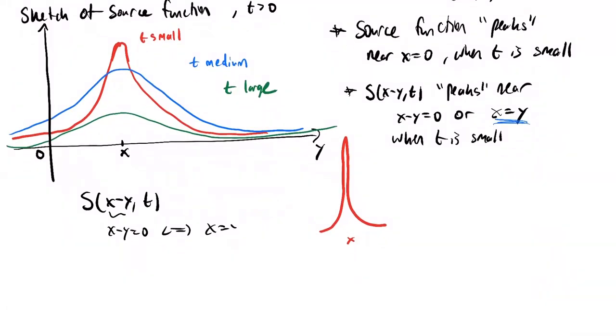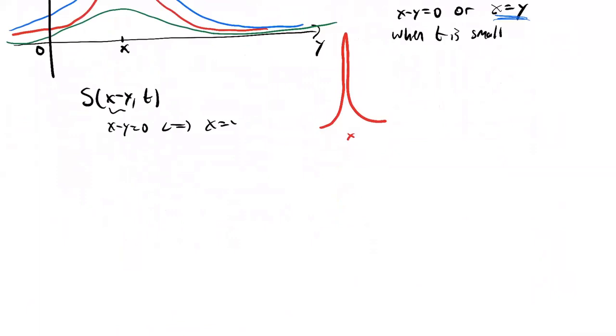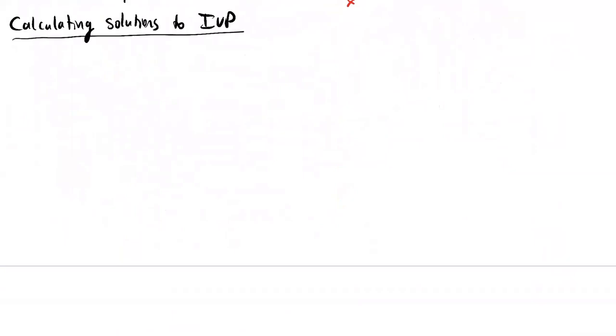Okay, and so now what I want to talk about is the problem of actually calculating solutions to the diffusion equation, or the initial value problem. And so here you pretty quickly run into some significant issues, unlike with what we saw with the wave equation.